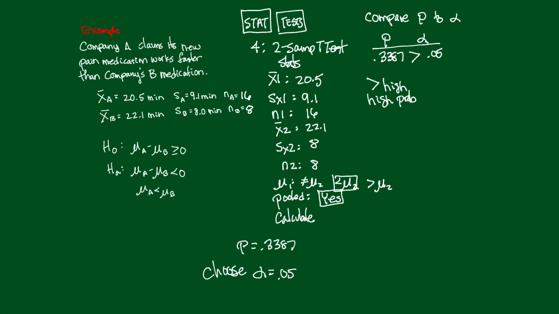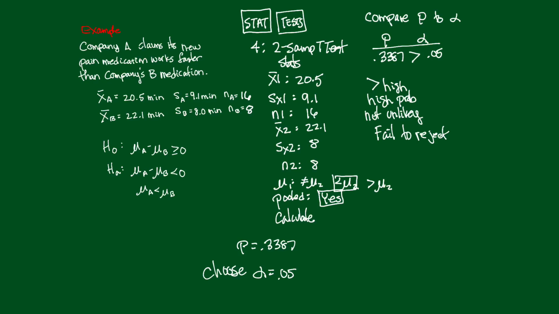So if I have a high probability of seeing that, I think that's probably not unlikely. That is not going to be an unlikely event. And if it's not unlikely, I will fail to reject.